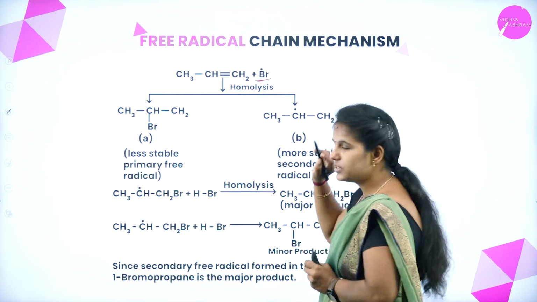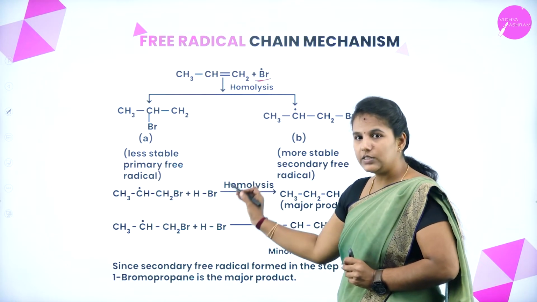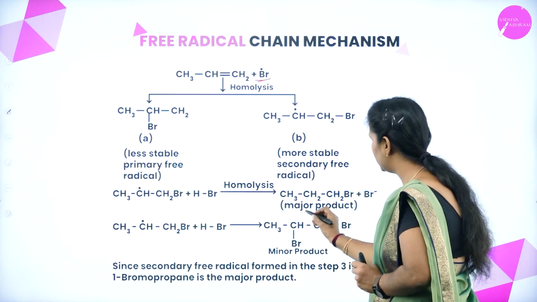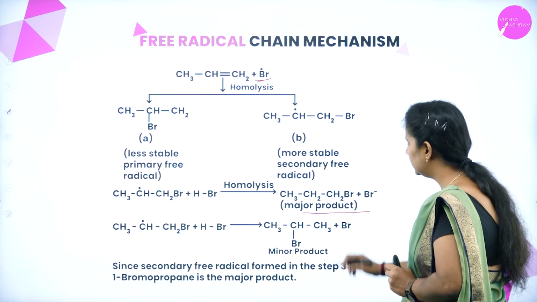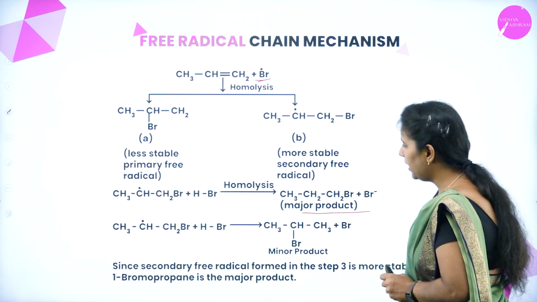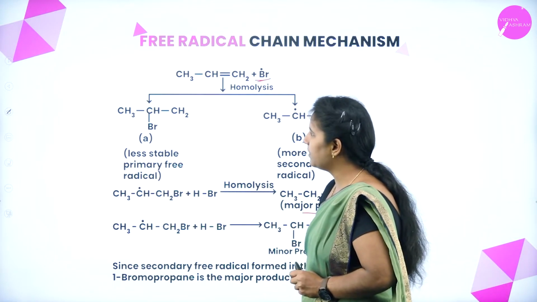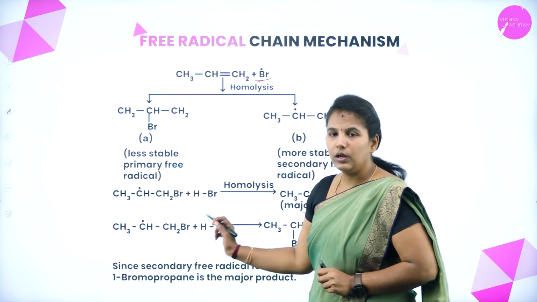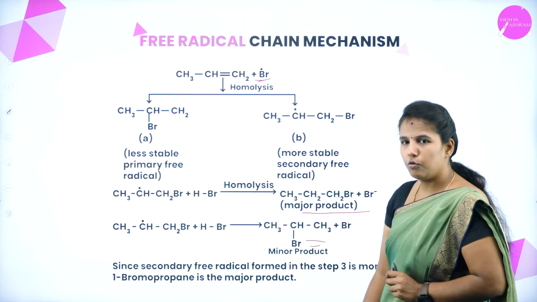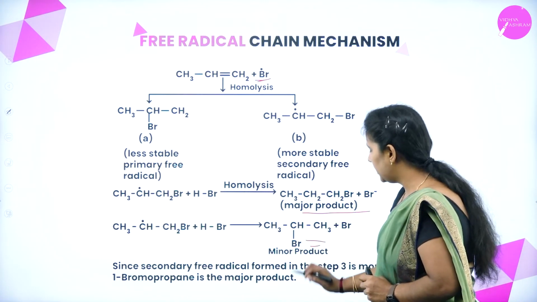This more stable radical reacts further with HBr and gives rise to the major product, that is nothing but 1-bromopropane. Similarly, the less stable radical reacts with HBr and gives rise to 2-bromopropane.